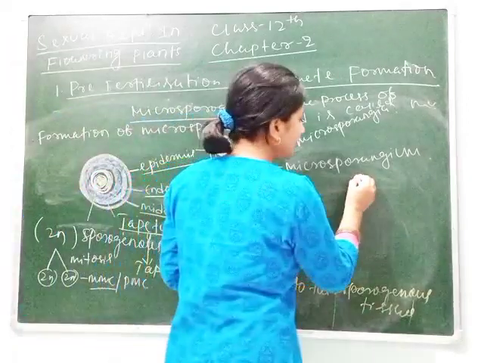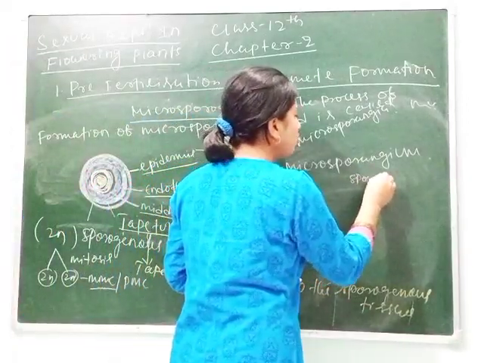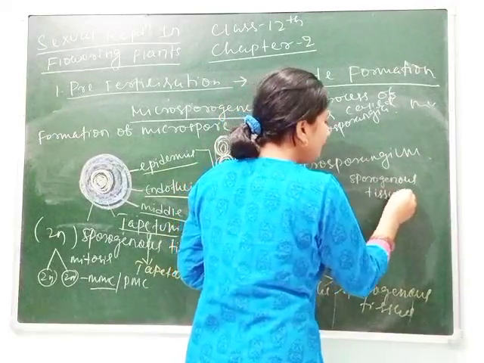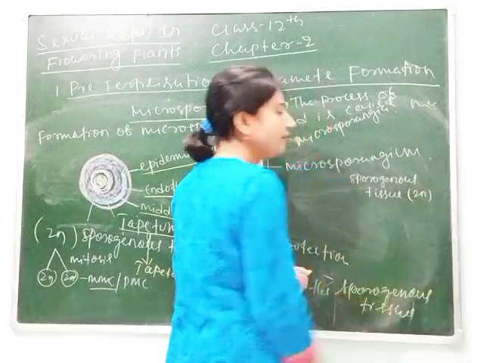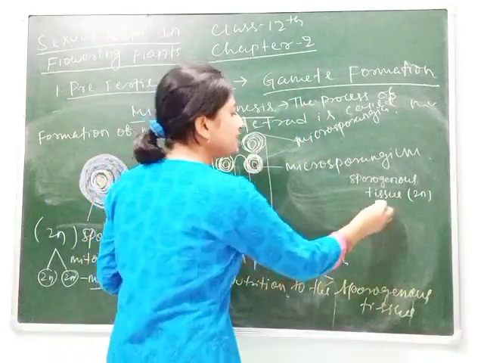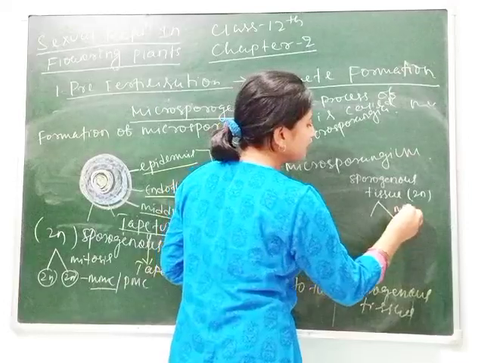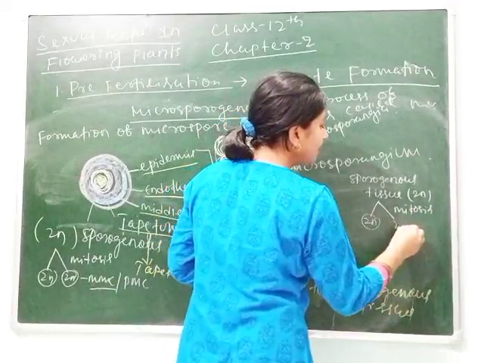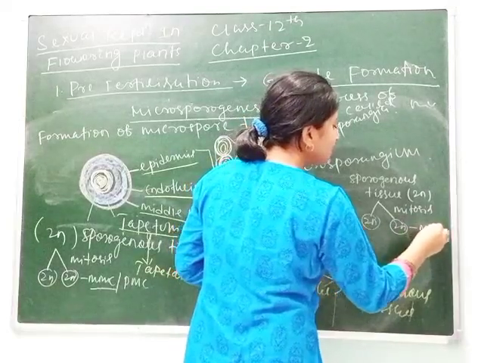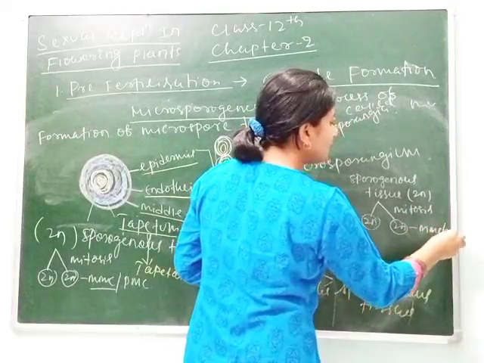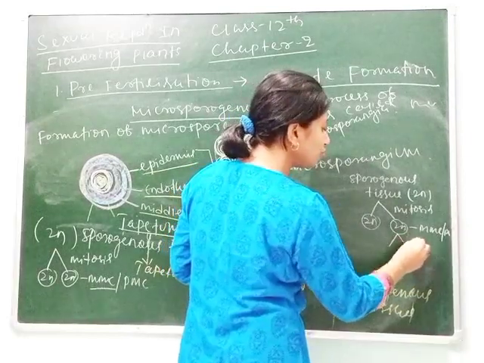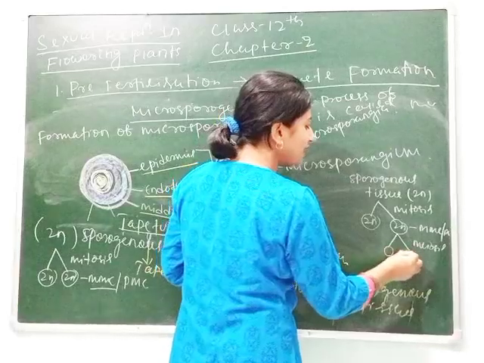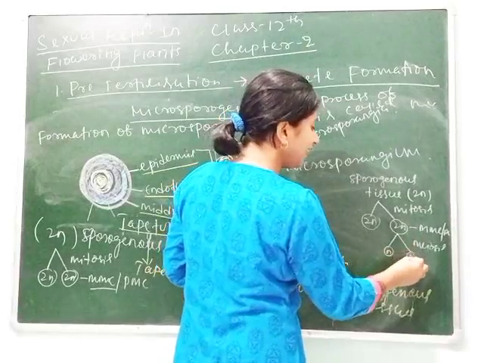So how does this happen? You can see. Here is the sporogenous tissue whose ploidy is 2n, meaning it is diploid. First it goes through mitosis and forms 2n cells. They are called MMC or PMC, pollen mother cell. Again they go through meiosis. Through meiosis 1 they form half the number of chromosomes, meaning n and n.